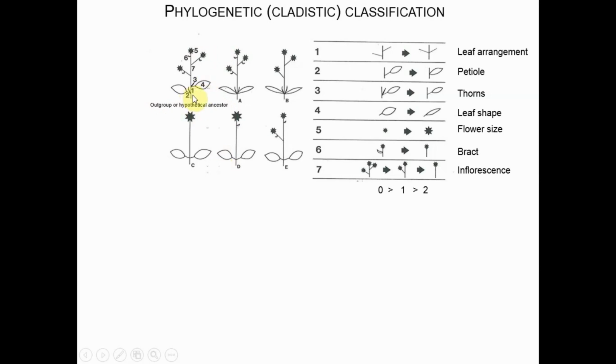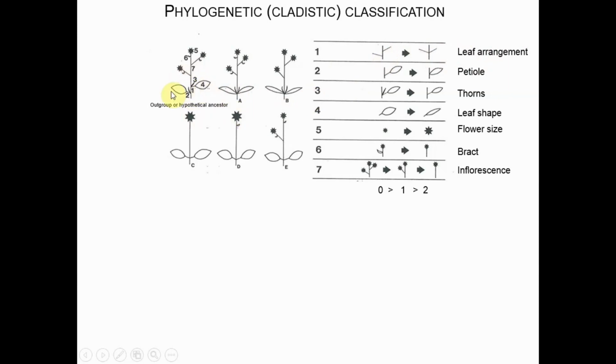I then number the characters, and remember a character can have several character states. So in this case the character here is leaf arrangement, and you can see that the leaves can either be alternate to each other or they can sit opposite to each other. So this character, which is leaf arrangement, has 2 character states.